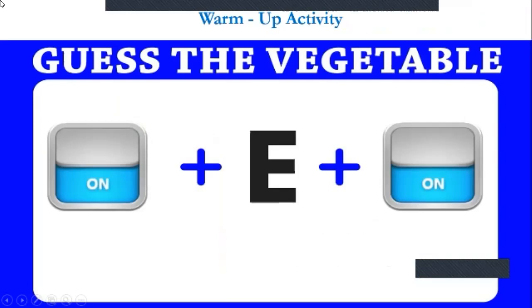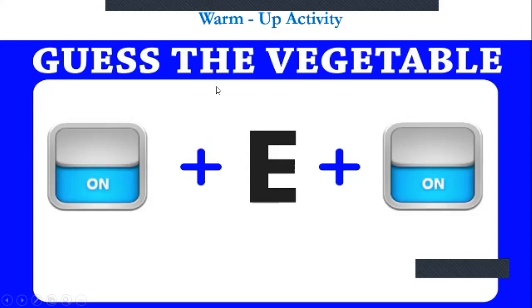Students, before moving to the lesson today, we will see a warm-up activity. Can you see the screen? You should guess the vegetables. On plus E plus on. I think most of you got the answer. I have another picture clue.